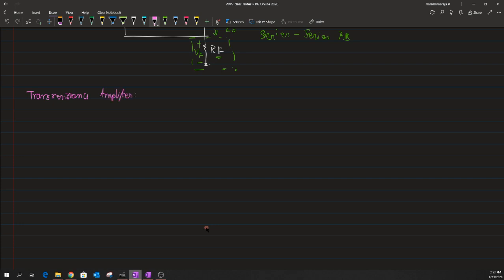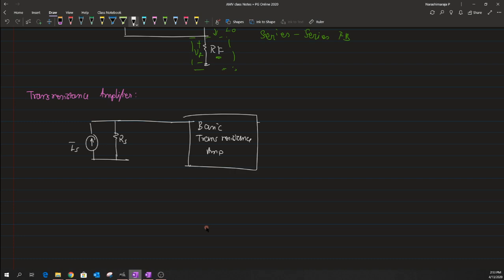So finally we end up having the last type of amplifier, which is the trans resistance amplifier. Let me quickly model that. Since in this case the input signal is a current, I use Is, modeled as something like a Norton's equivalent circuit. I'll apply this resistance Rs in parallel with the current source, and then there is a basic trans resistance amplifier, which is an ideal model, and it passes through a load which is RL.